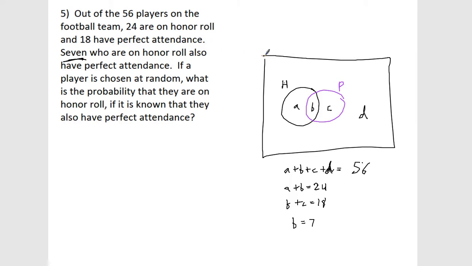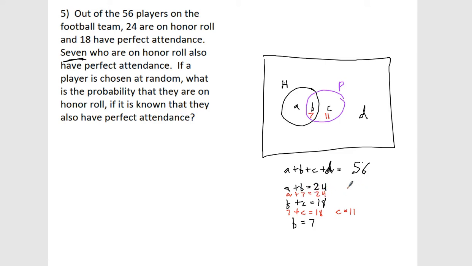So we can start plugging things in. B is 7. So I know this B is not B, it's now 7. That's 7 plus C equals 18. I can use that to get C equals 11. So C equals 11. And I know that A plus 7 equals 24.